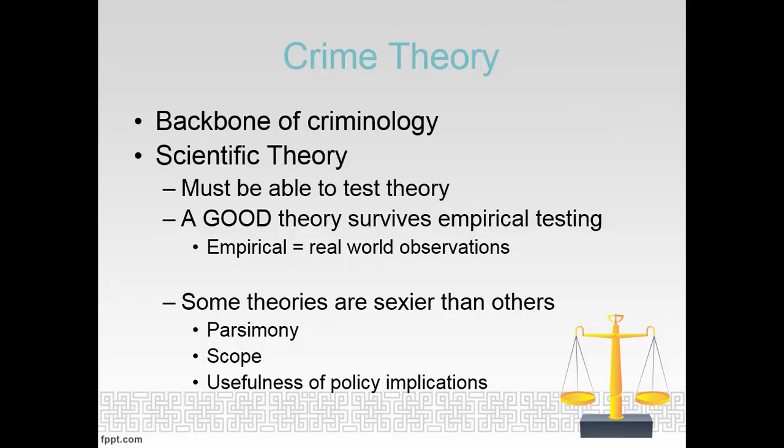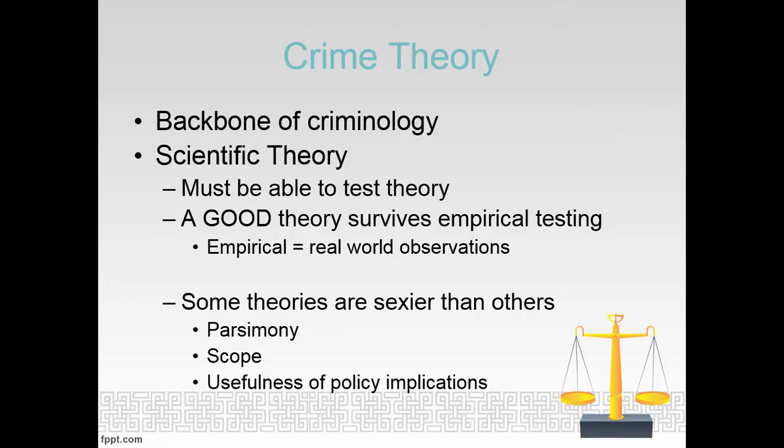But assuming a theory is supported, that it's right, you get down to the second stage, where some theories are preferable to other theories. Parsimony refers to using few concepts to explain something. You can have a theory of crime that says these 400 things are all related to crime, and it may be true, but as a theory, it almost becomes useless.